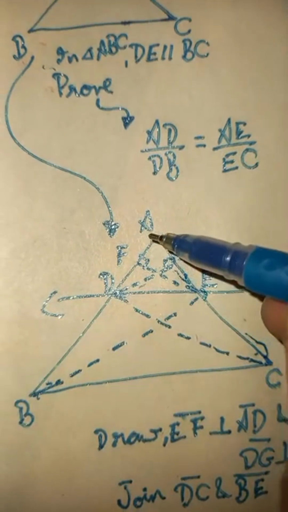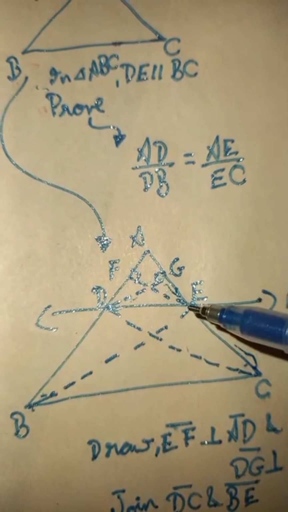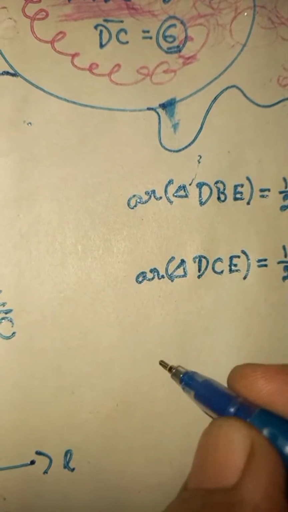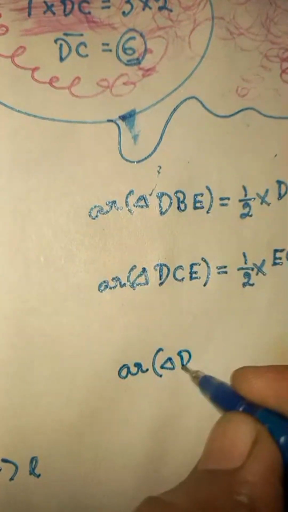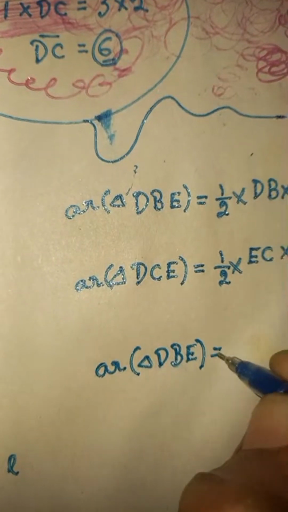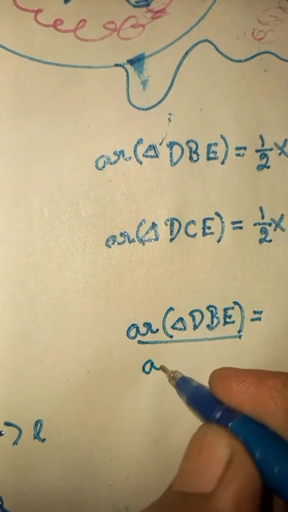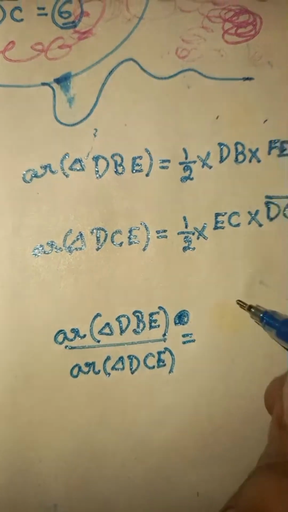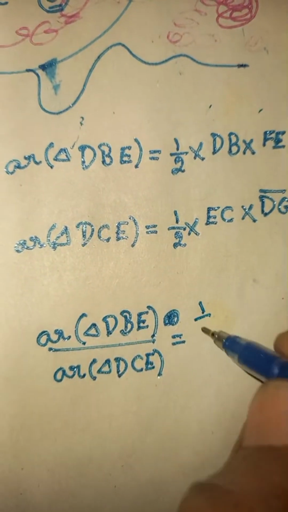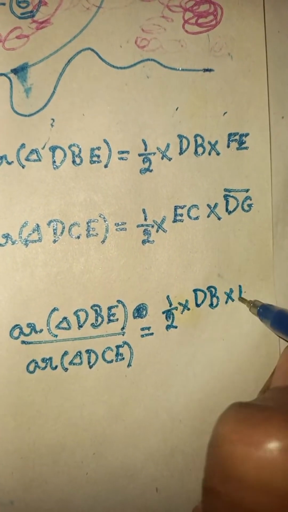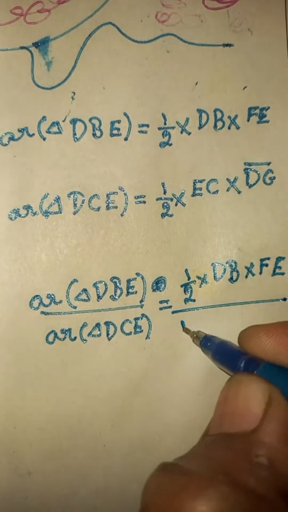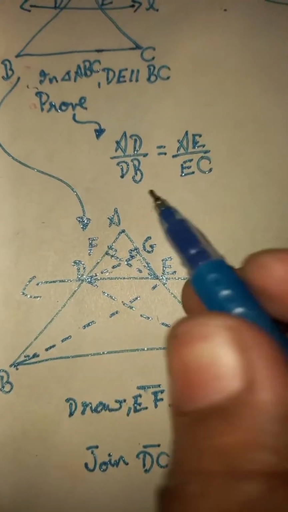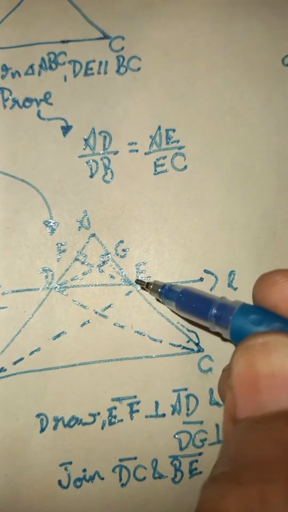Now you can divide these two: the area of triangle DBE divided by the area of triangle DCE. When you divide, you get half times DB times FE divided by half times EC times DG. Now let's take triangle ADE.